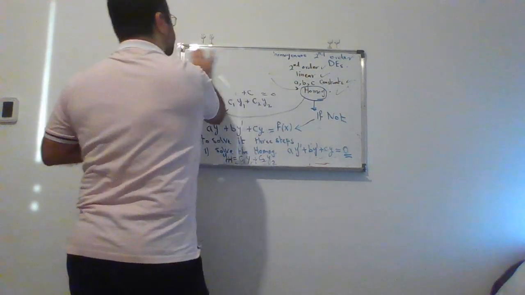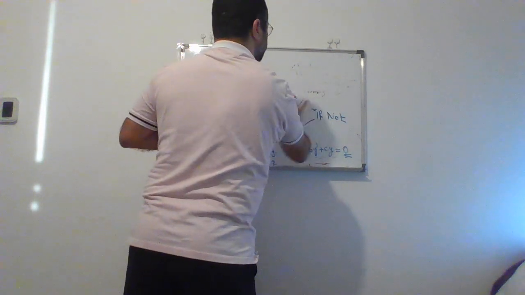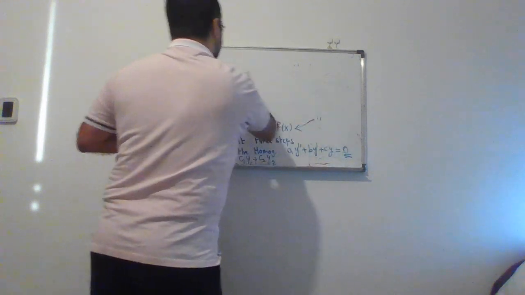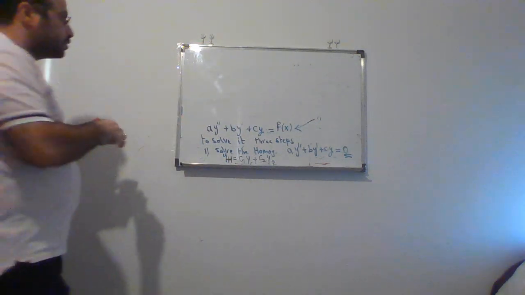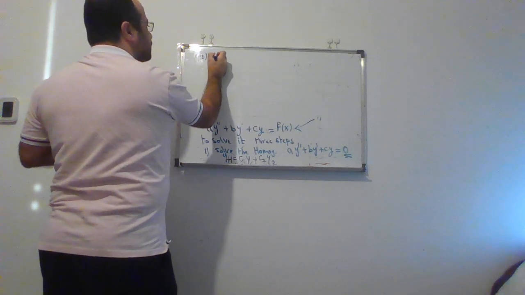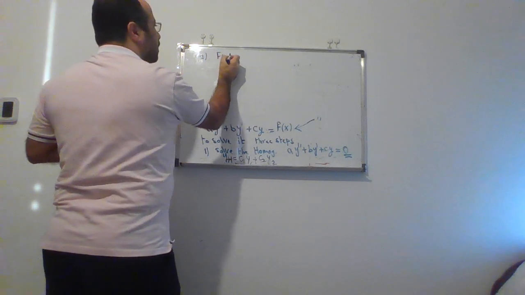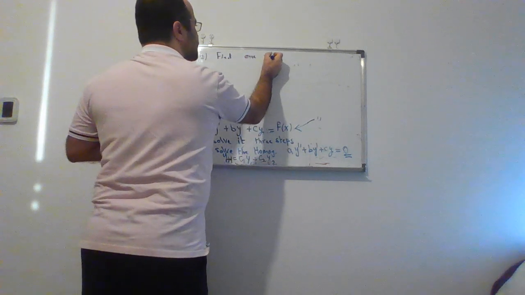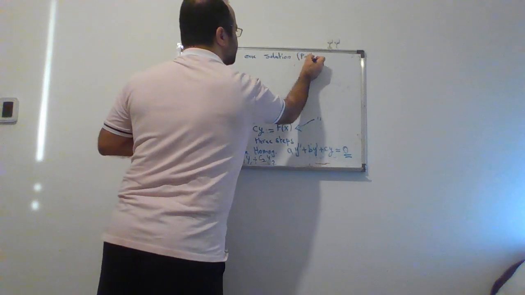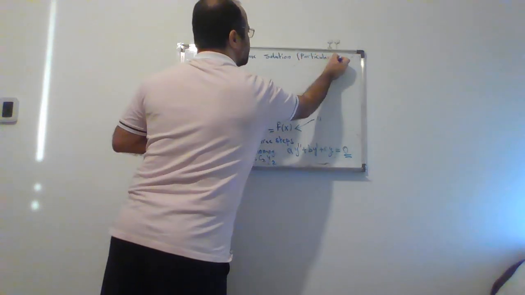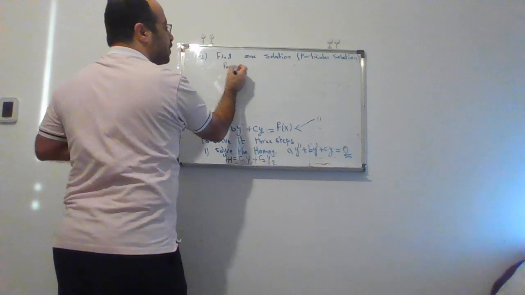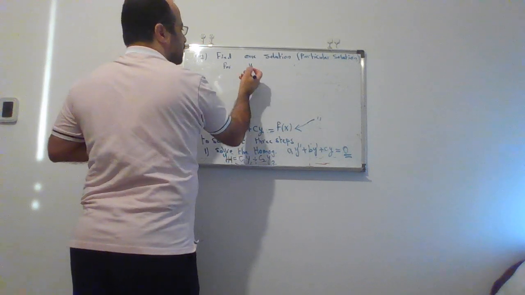Next, step number 2 will be to go and search for a particular solution. So step number 2 will be to find one solution, or we call it a particular solution, for the full thing, which is y particular.